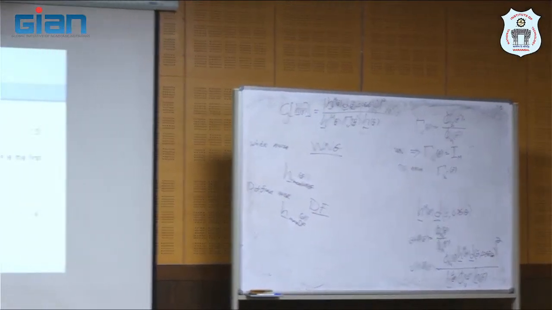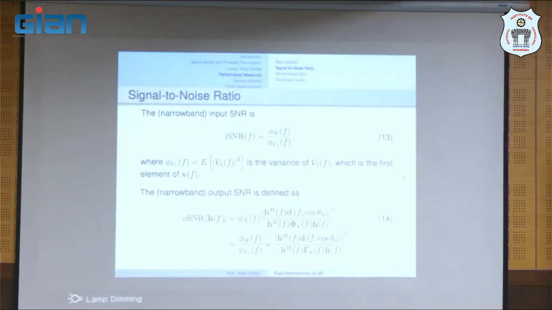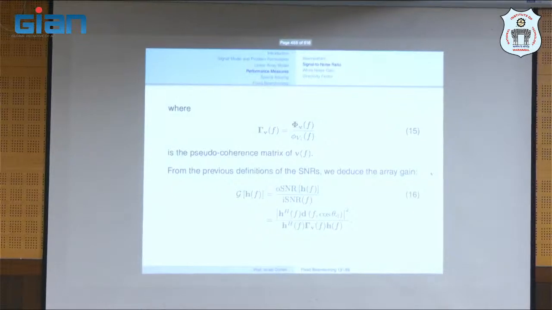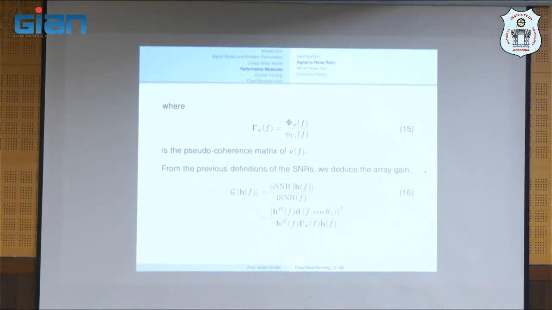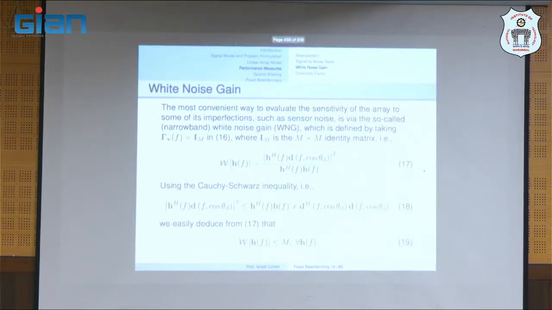Okay? So we will see this in many of the things I already talked about. The gain in SNR, we saw the formula. So the expression is like this. And the definition for white noise gain is when we put here the identity matrix.